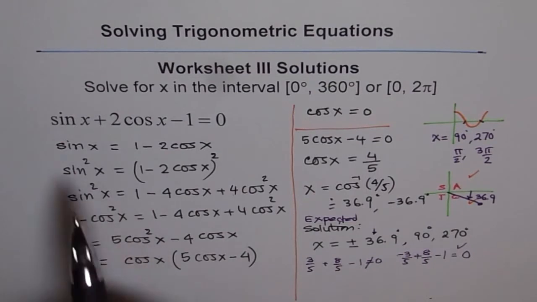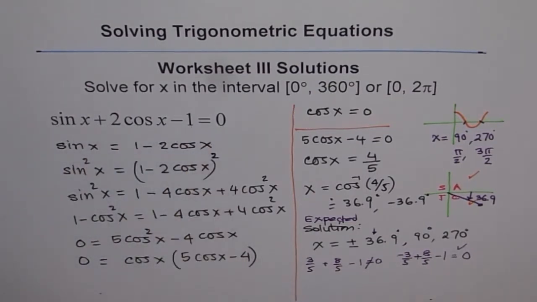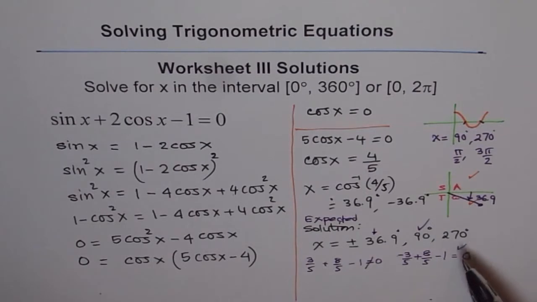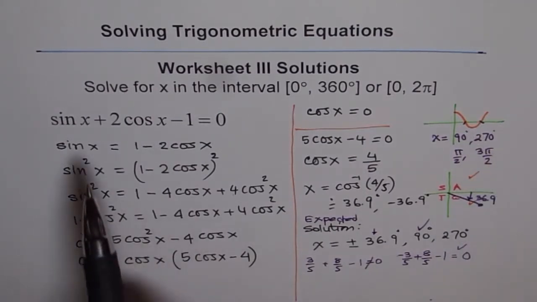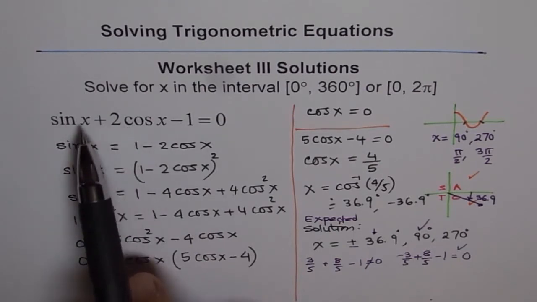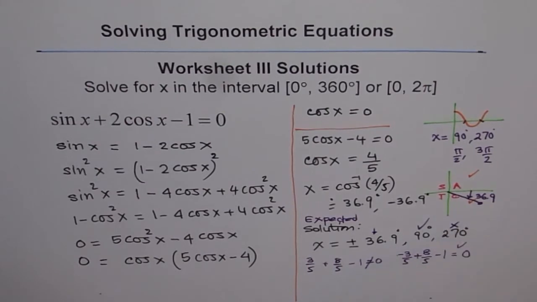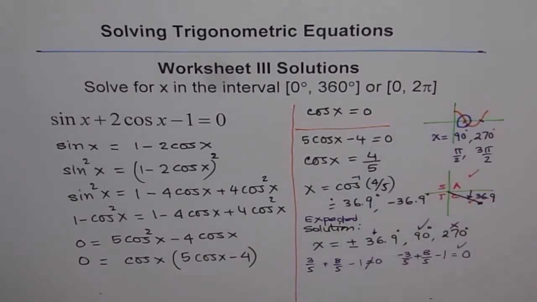If I write 1, and cos is 0, then 1 minus 1 is 0. That's correct. So 90 degrees is the right solution for us. How about 270 degrees? For 270 degrees, sine is minus 1. So minus 1 and cos is 0. Minus 1 minus 1 gives you minus 2. So that is also an incorrect solution. Therefore, the next solution which we really get is 90 degrees.